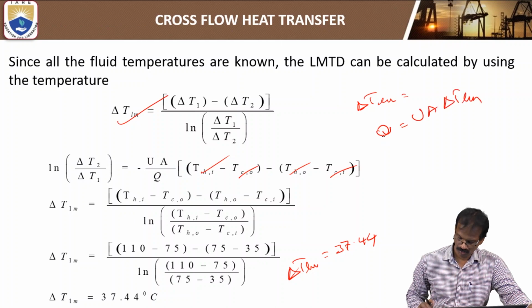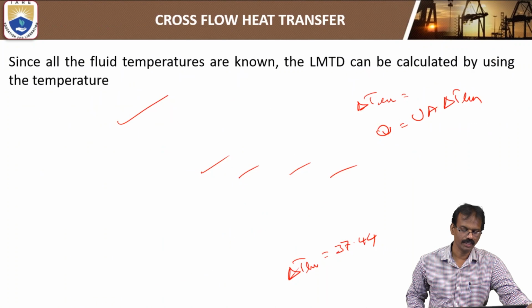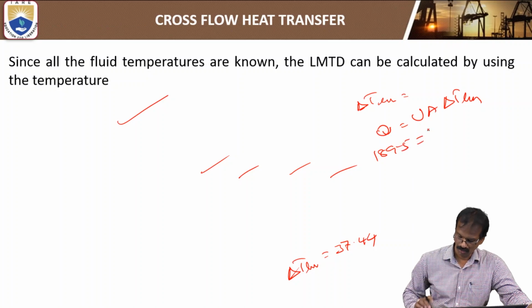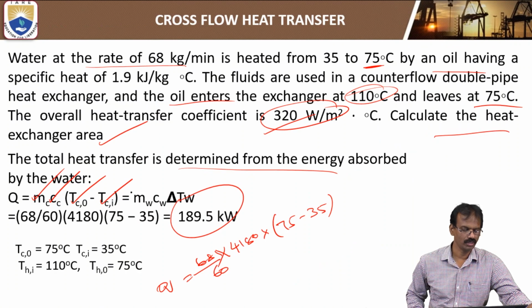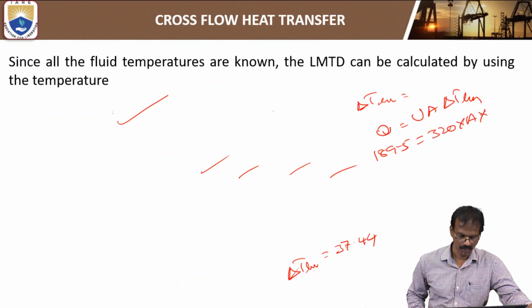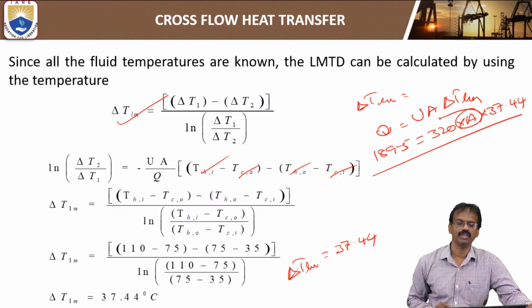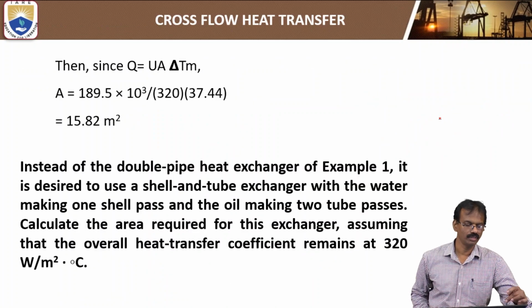Q is 189.5, the overall heat transfer coefficient U is 320, into area, into delta T LM, 37.44. By using this formula, you can find out the area.